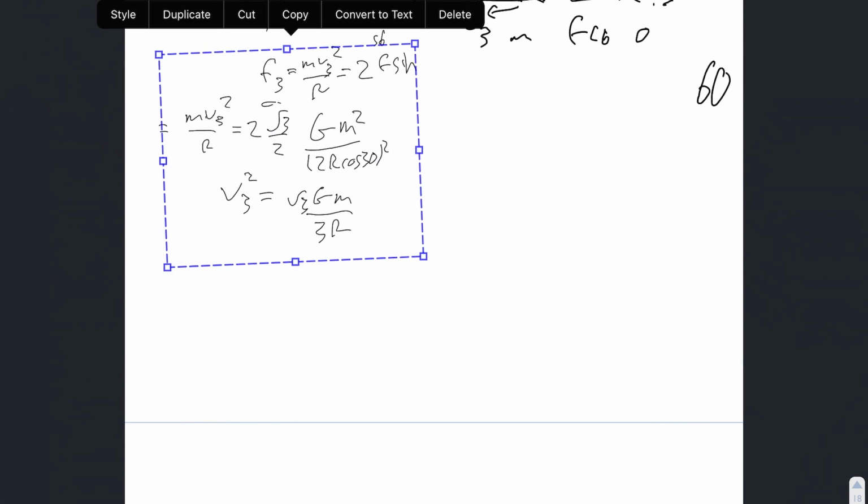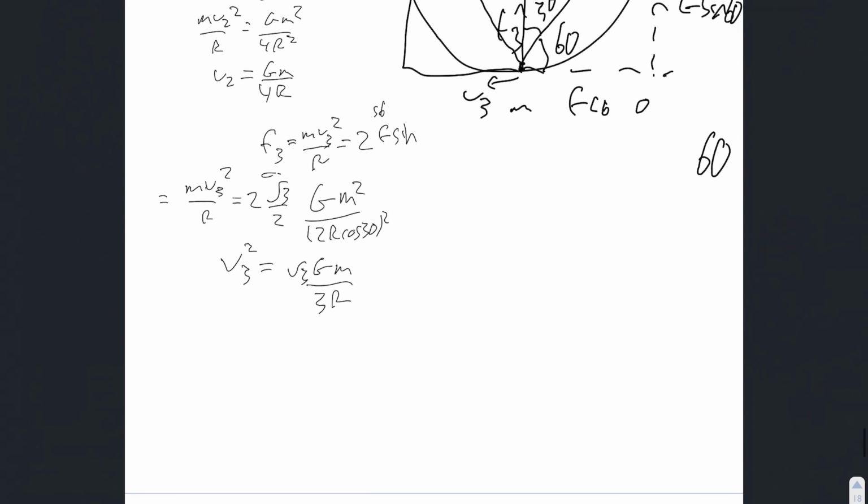Now looking at the value, and up here this is v2 squared.